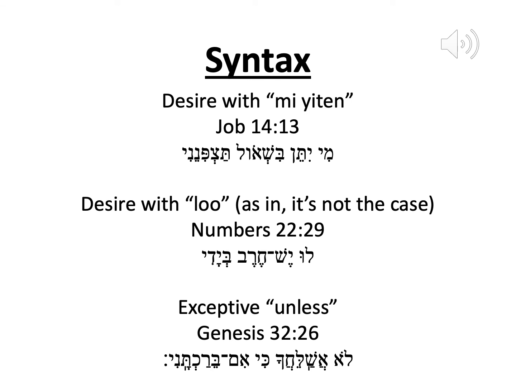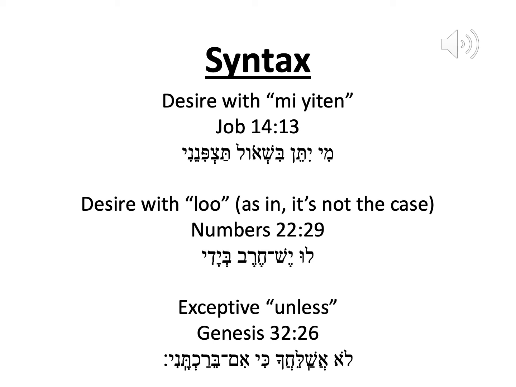Clauses can also be used to indicate the desire or the wish of the person who is speaking. In Job 14:13, this is done using an odd construction, mi yiten, literally, who will give, which is translated as an idiom, oh, that you would give. And in this case, he wants to be hid in the grave.